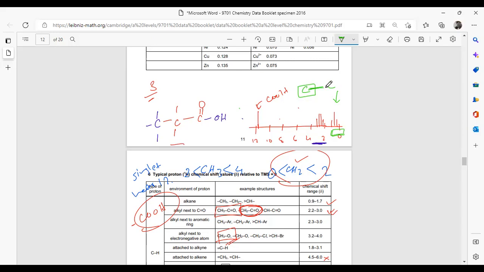I can see my neighbor carbon has 2 hydrogen atoms. Because it is a triplet, the peak number minus 1 equals n, which is 3 minus 1 equals 2. That means my neighbor is a carbon that has 2 hydrogen atoms. So that means this is represented for me.